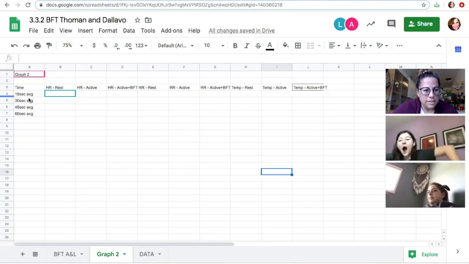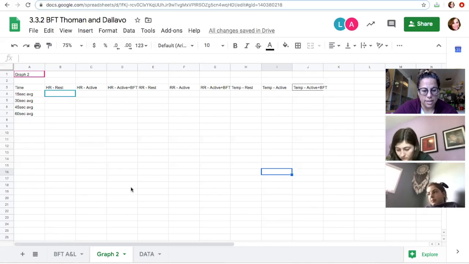This time, our x-axis is still a 60-second interval, except it's broken up into 4 segments of that 60 seconds. So we're going to take a reading of the first 15 seconds, the second 15 seconds, the third 15 seconds, and the fourth 15 seconds for a total of 1 minute. Does that make sense? Yes. Great.